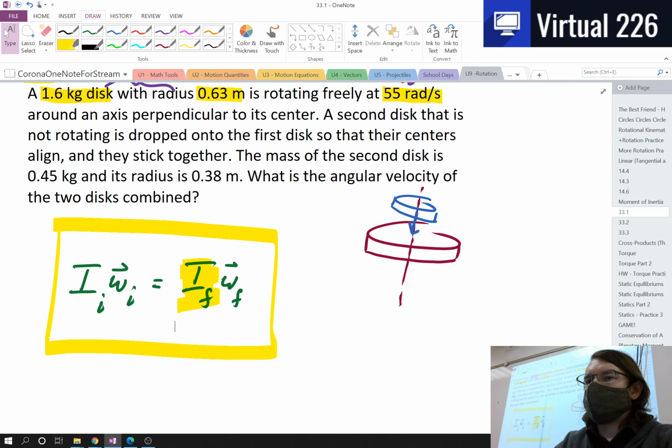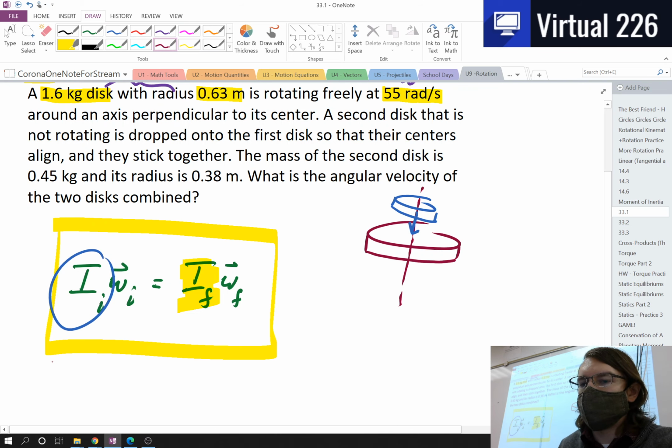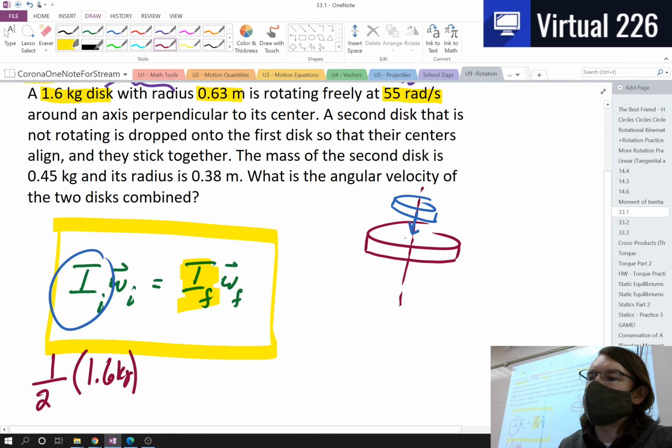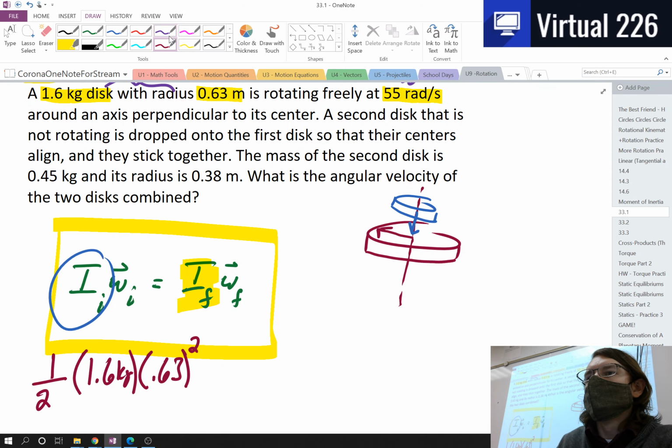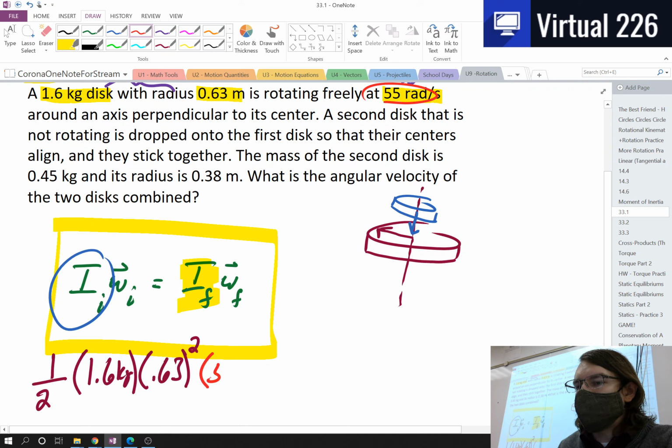So setting this up, the initial moment of inertia as a cylinder for just this bottom piece is 1/2 times the mass of that initial disk, 1.6 kilograms, times the radius, which is just 0.63 meters, and don't forget that square. We multiply that by the initial angular velocity, that's 55 radians per second.